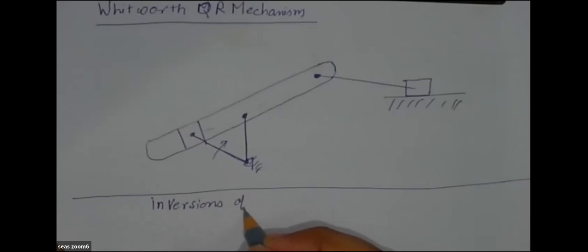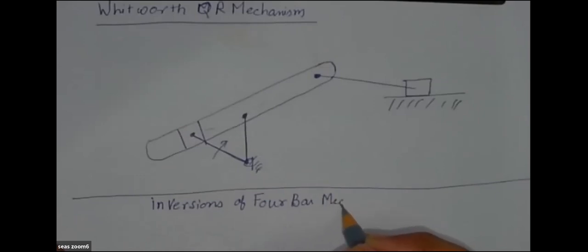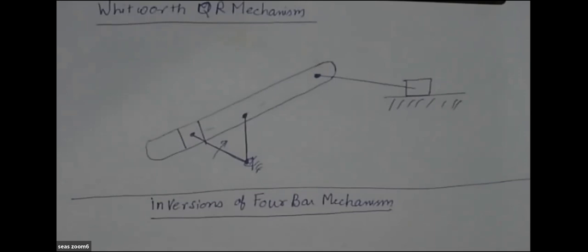What I mean by inversions of 4-bar mechanisms is that essentially all these mechanisms consist of 4 links, and we are just changing which link is required to be fixed.